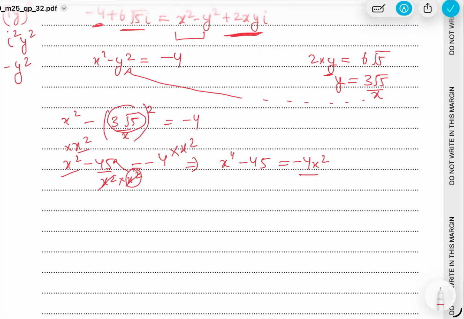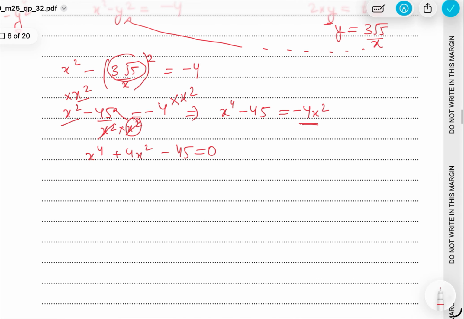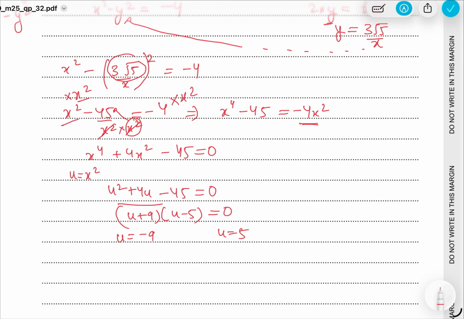Form a quartic equation. Quartic. Let's go. So it would be x to the power 4 plus 4x square minus 45 equals 0. Take x square as u. Let u equal x square. So we will have u square plus 4u minus 45 equals 0. We will have u plus 9, u minus 5 equals 0, u equals negative 9, u equals 5.